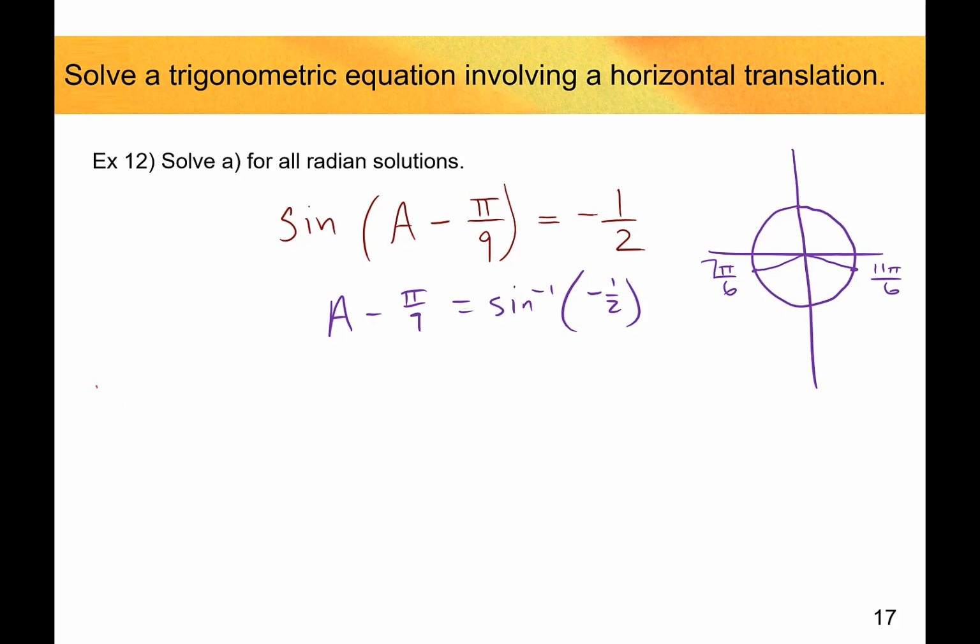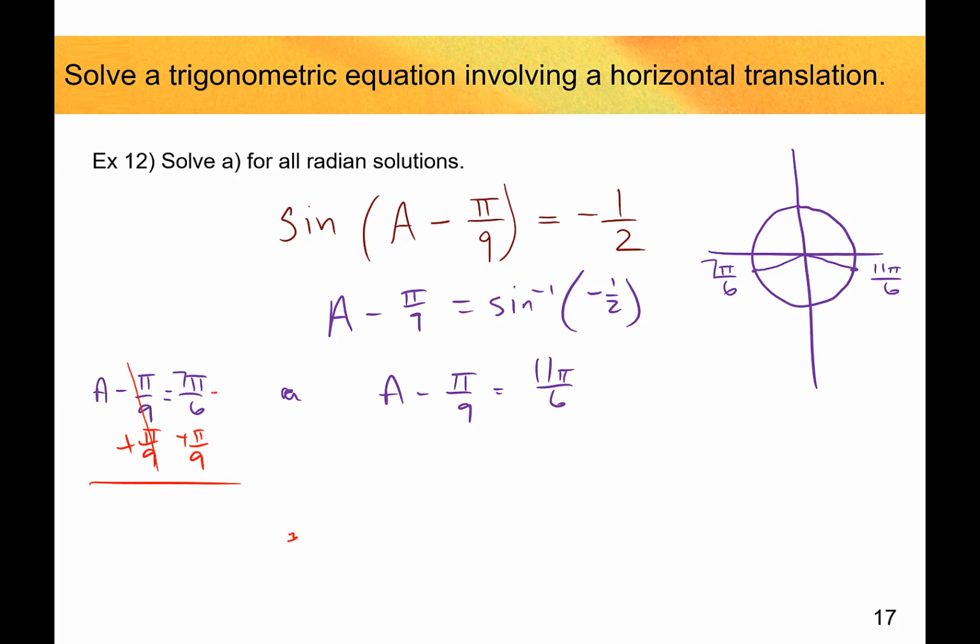Perfect. Okay. So A minus pi over 9 is equal to 7 pi over 6, or A minus pi over 9 is equal to 11 pi over 6. So let's work to make that happen here. All we got to do is really just add pi over 9 to both sides, but fractions need common denominators.